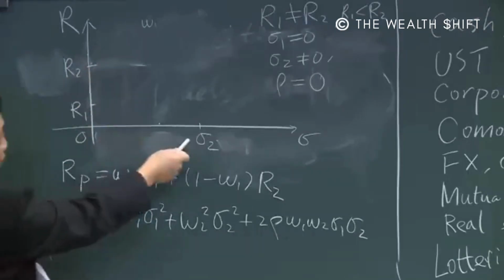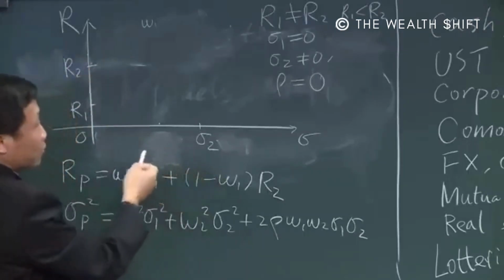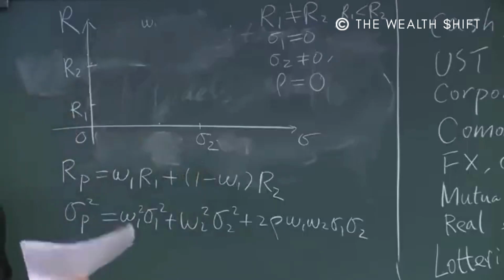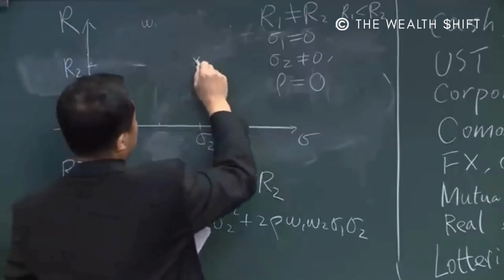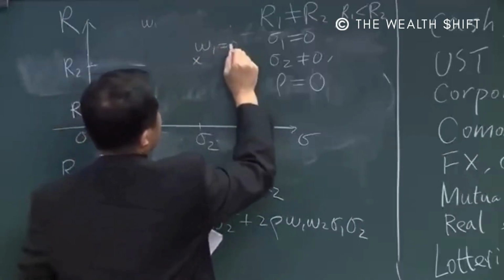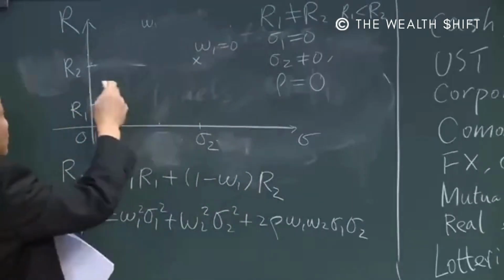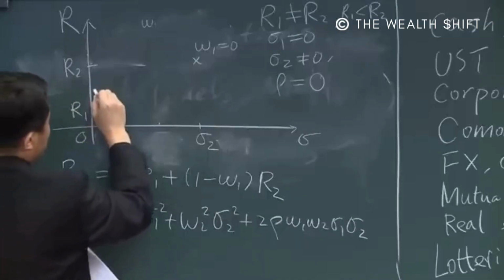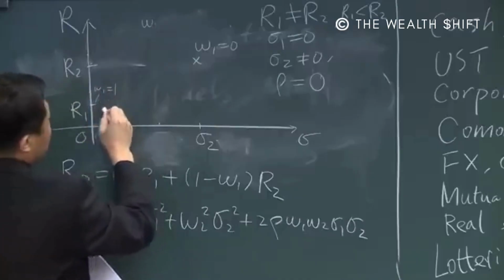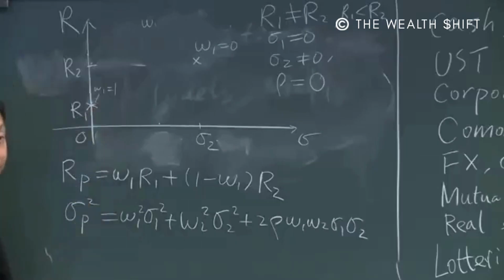So R1, R2, sigma 2 here. When you weight asset 2 100%, you're going to get this point, right? When you weigh asset 1 100%, you're going to get this point, right?